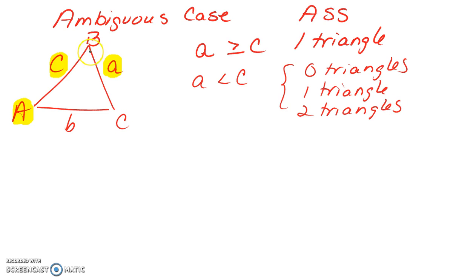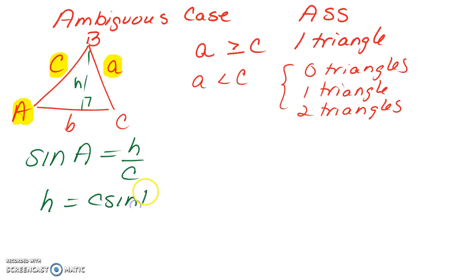So I like to find the height. We know that the sine of A is equal to H over C. So now, if A is equal to the height, or if A, we already know that, is greater than or equal to C, there's one triangle.